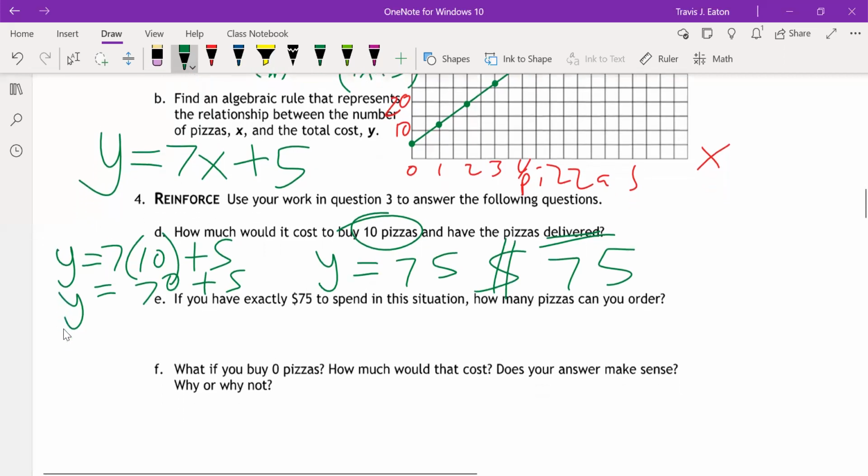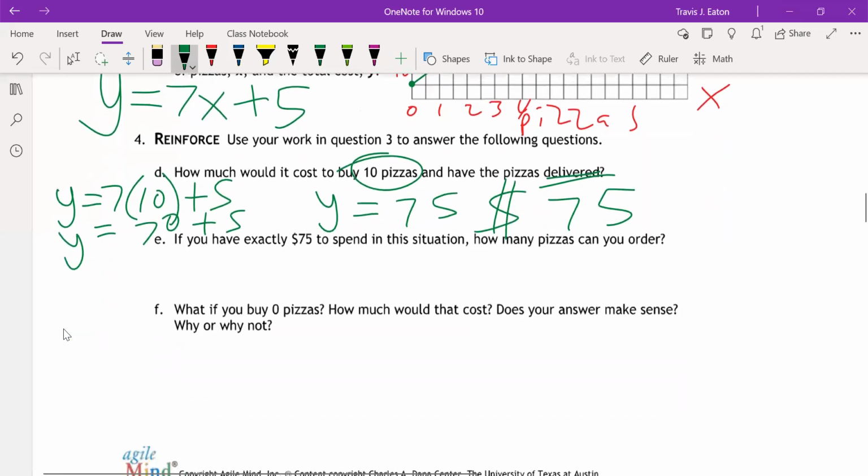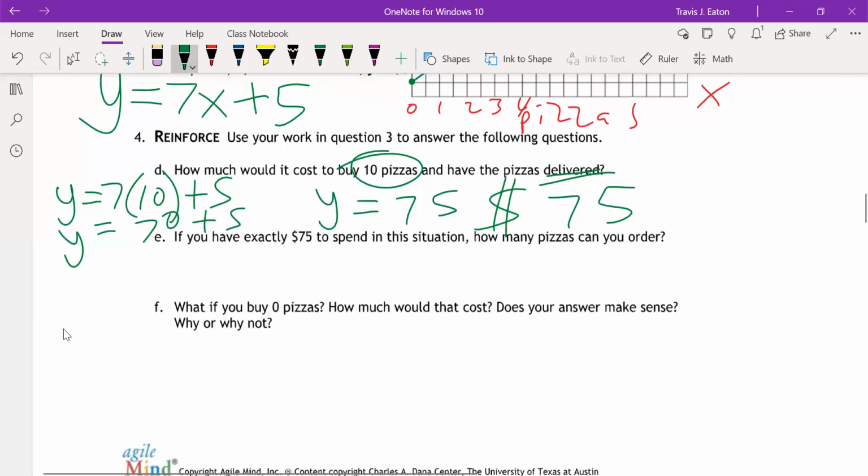Okay. Now this one seems a little weird, but we'll answer it anyway, and we'll treat it like it's a question we haven't even seen before. If you have exactly $75 to spend, how many pizzas can you order? Well, let's work this thing through backwards. Remember, this is our total cost.